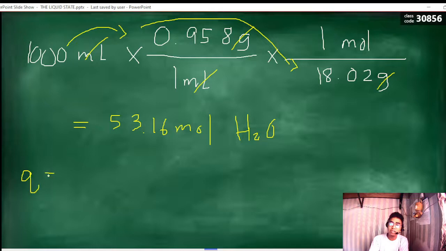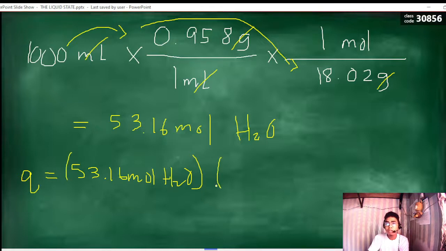Our number of moles is 53.16 moles of H2O, in parentheses, and since the molar enthalpy change has the unit kilojoule per mole, we need to cancel the mole unit: 40.7 kilojoule per 1 mole.